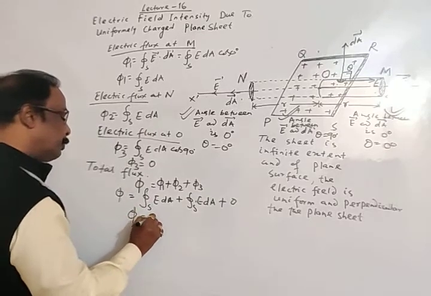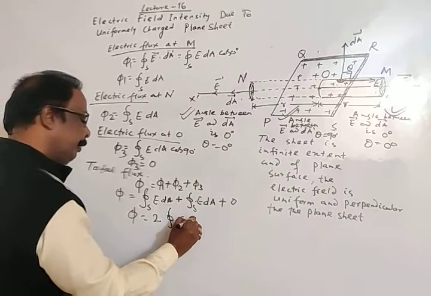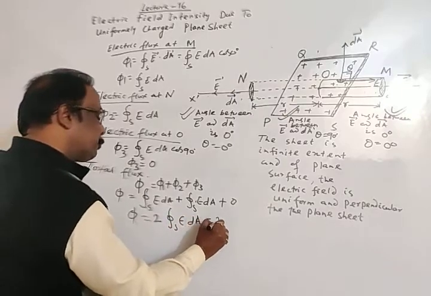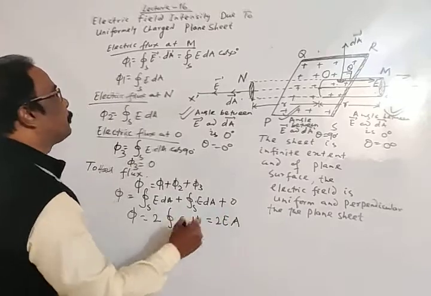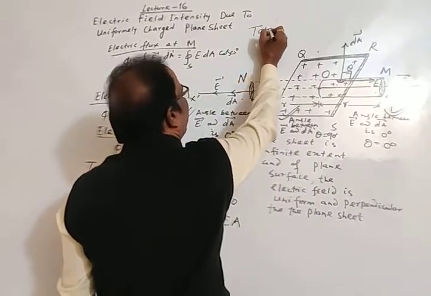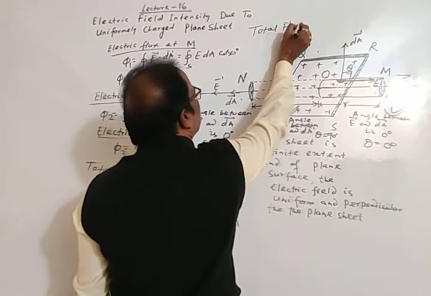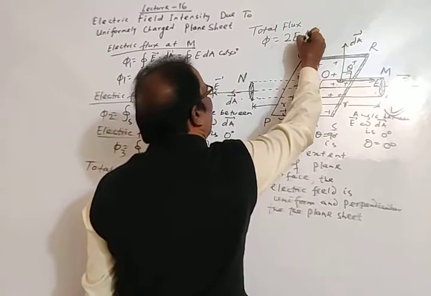Then total flux is 2 times the surface integral of E dA, which comes to 2E times the surface integral of dA, which is A. So we get total flux phi is 2EA.